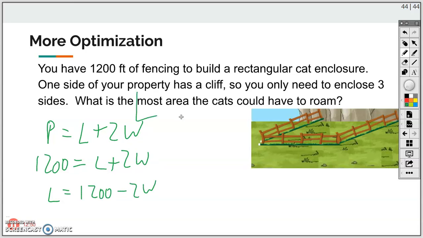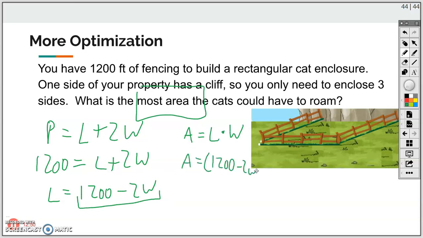I also want to know the formula for area because I'm trying to find the most area. Area of a rectangle is length times width, and then I know the length in terms of the width, so the area would be (1,200 minus 2W) times W. Multiply that W in, so 1,200W minus 2W squared.